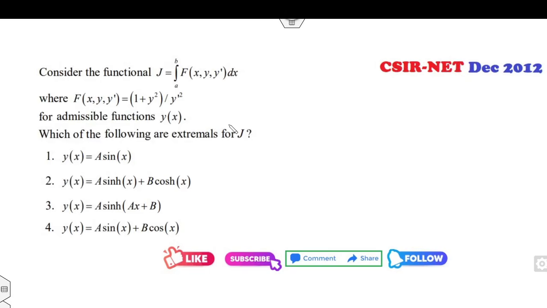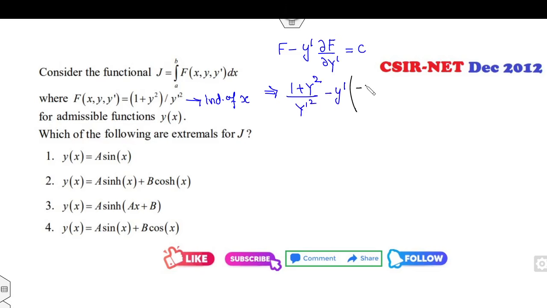Okay, which of the following is my solution? Now 1 plus y squared, clearly this function is independent of x, and also this is written in product form. So I can start with this expression. Del f upon del y dash is equal to constant. I can substitute the value of f: 1 plus y squared upon y dash squared. What is the derivative of this? Minus 2 upon y dash cubed into 1 plus y squared is equal to constant.